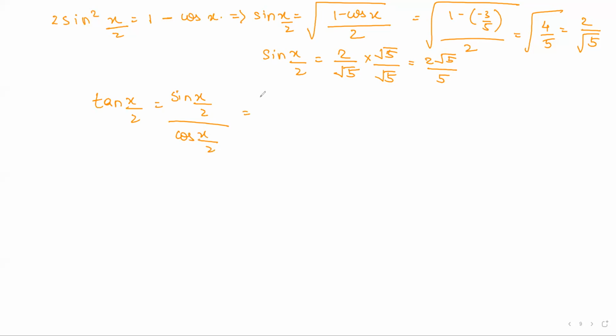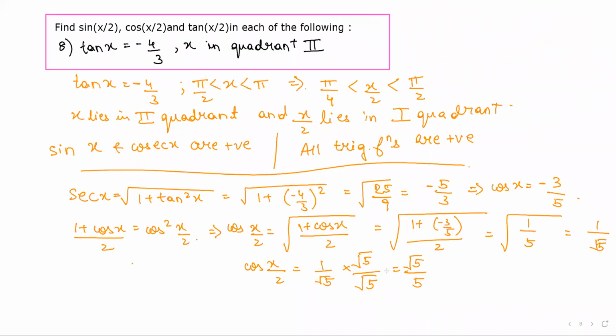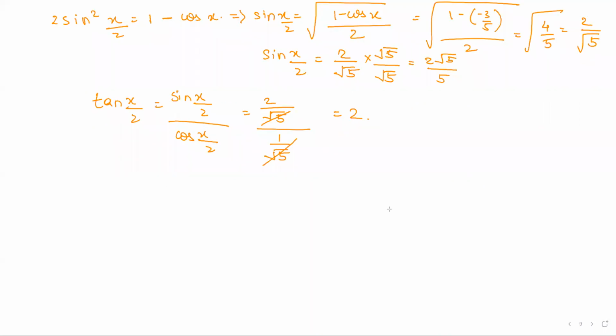This is equal to 2 upon root 5, where root 5 is in the denominator, and cos is 1 upon root 5, which is equal to 2. The required values are cos x by 2, sin x by 2, and tan x by 2.